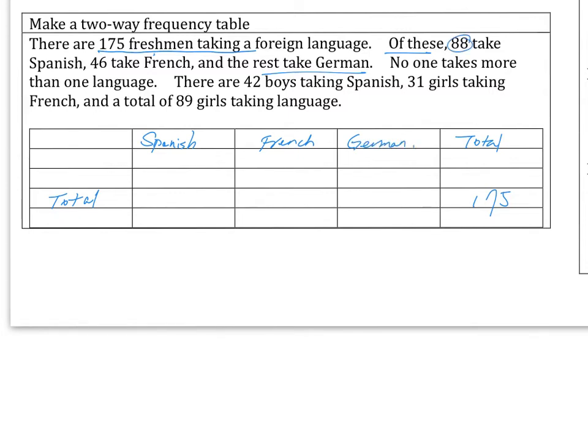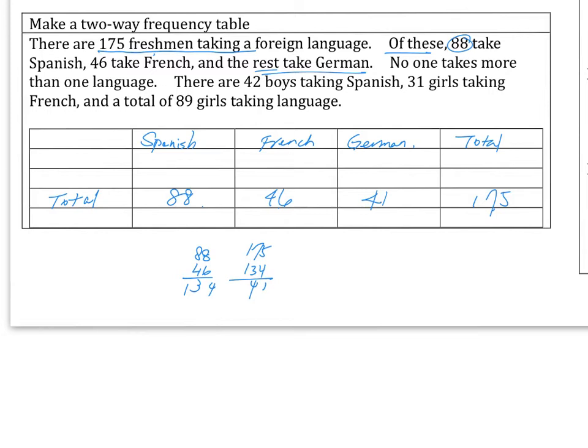And it says 88 take Spanish, so that's a total. 46 take French, and the rest take German. Since I know the total is 175, I can take 88 plus 46, which makes 134. And I can then subtract that from 175 to get 41 here.